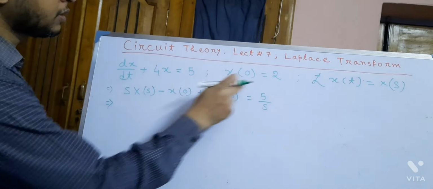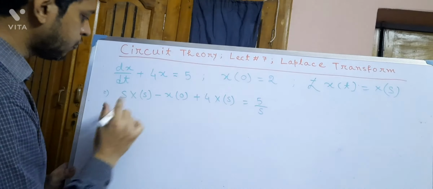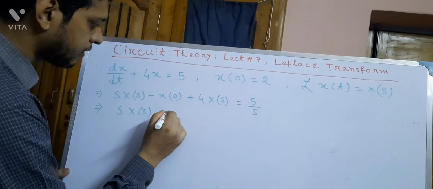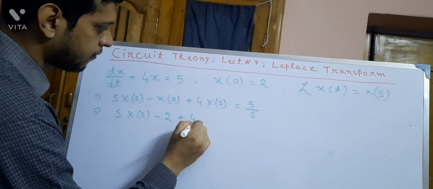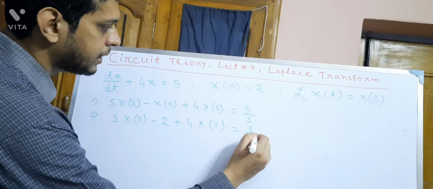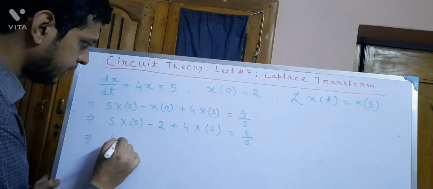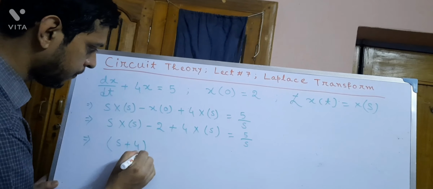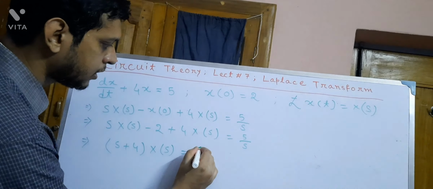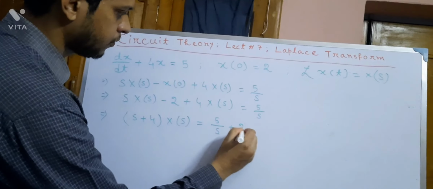Now replace x(0) by 2, so sX(s) minus 2 plus 4X(s) equals 5 by s. So (s plus 4) times X(s) equals what? 5 by s plus 2.